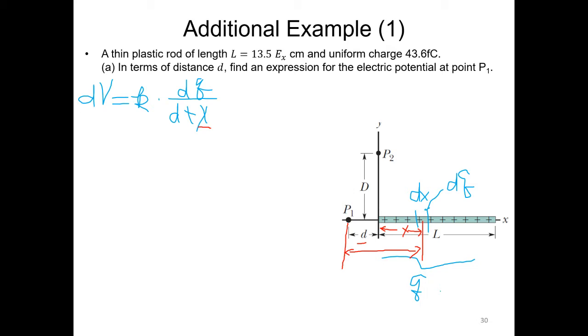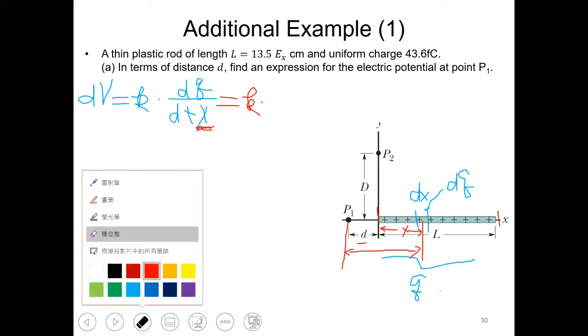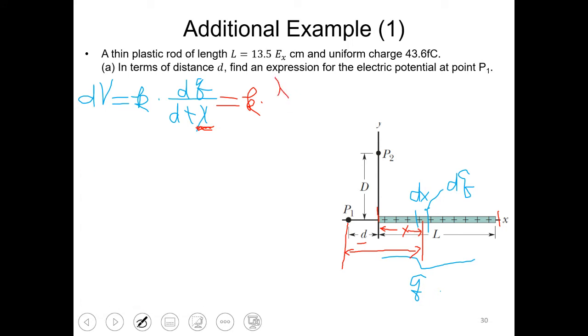And actually we only need to integrate x from 0 to capital L. This one is always positive, so this one is good enough. So we can consider dq is lambda dx over d plus x.